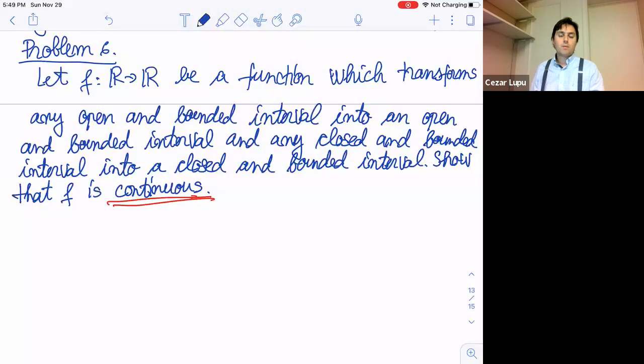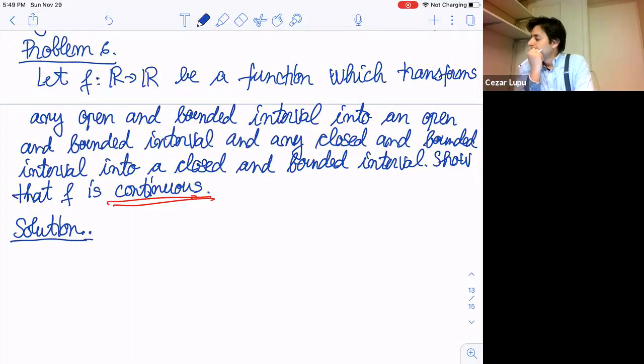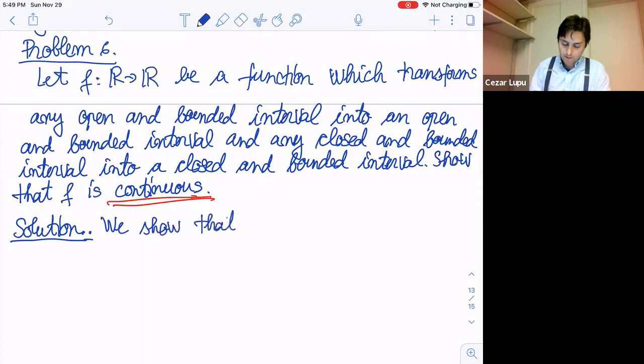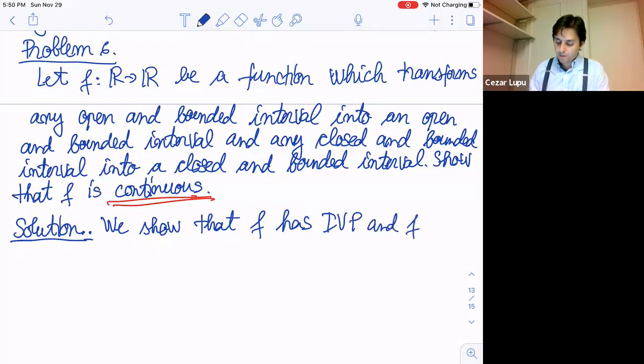So let's see. One way to show that it is continuous, if we have this right idea, is to show that f has the intermediate value property and f is 1-to-1.